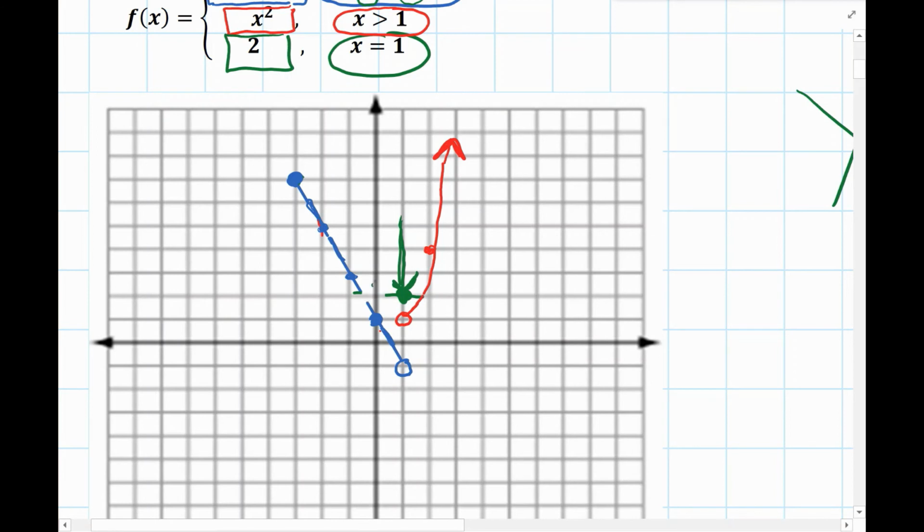I got to erase this little part right here. Again, we'll fix the blue line. I only want to keep where x is equal to 1. So I can erase this whole thing and just put x equals 1, a solid point right there. And what we have done is we have completed our piecewise function.